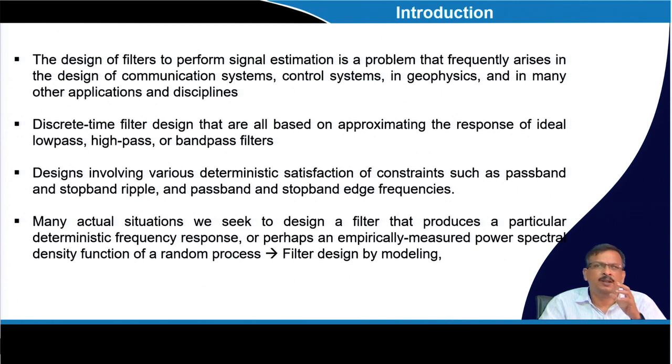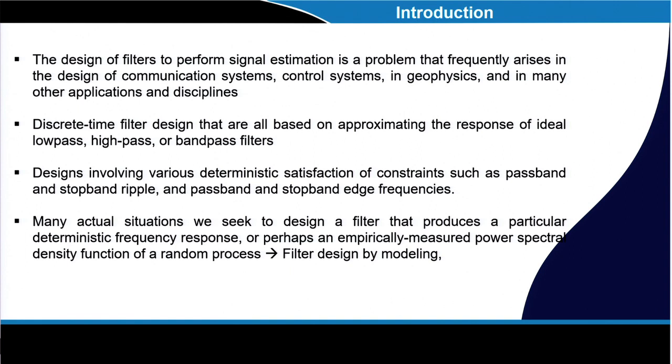So when I say low pass filter, when I say band pass filter, the design of that filter is based on the approximation of the ideal response of a low pass filter, high pass filter, or band pass filter. Now suppose in a communication system I want to estimate the spectral content of the signal between, let us say, 2 kilohertz to 4 kilohertz.